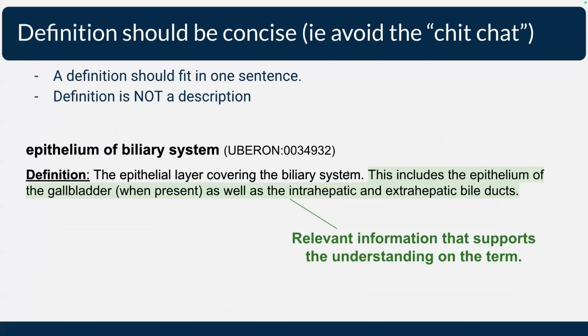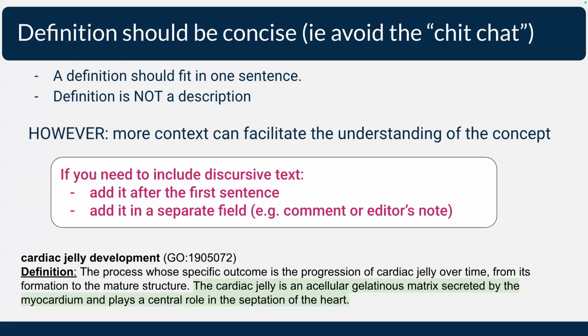In the previous example, adding that this includes all of this information also helps understanding. If you're a curator and you're looking for a term, this helps you decide which term is appropriate for whatever you need or not.